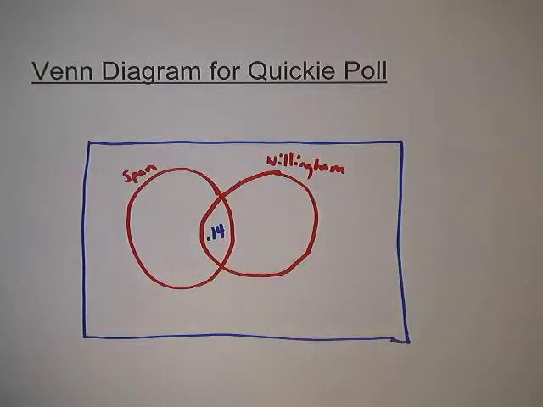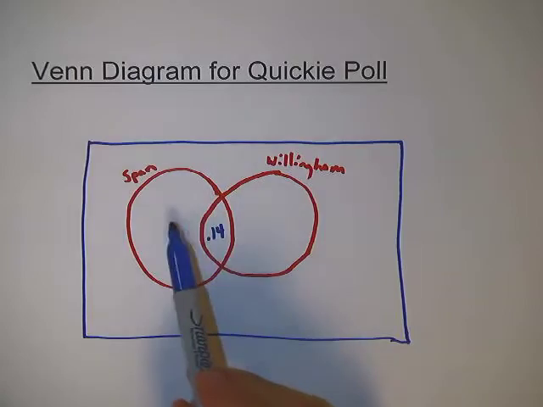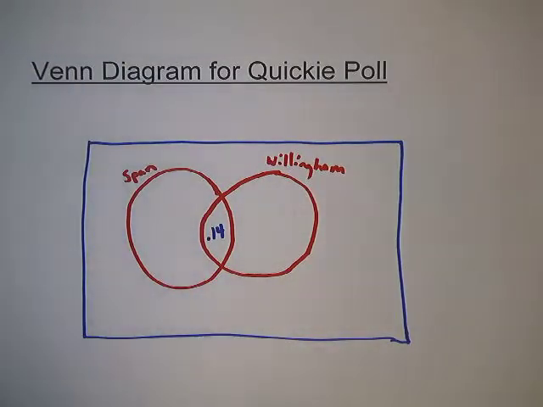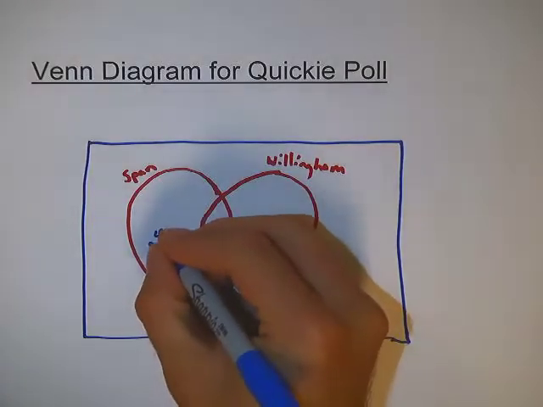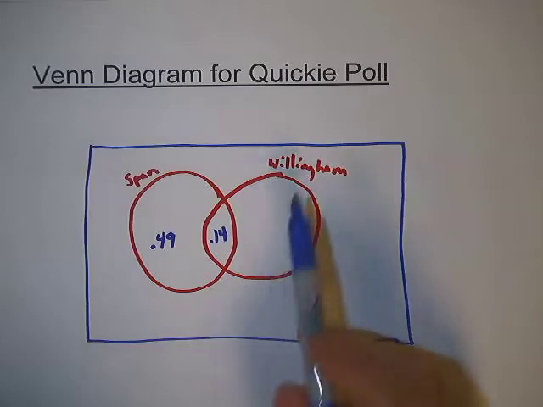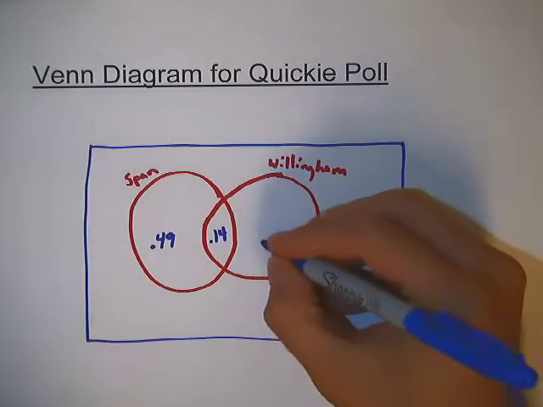Now what goes here are the people that want to trade Span but not Willingham. That data was provided for us. That was 49%, so 0.49. The people that wanted to trade Willingham but not Span ended up being 0.04.